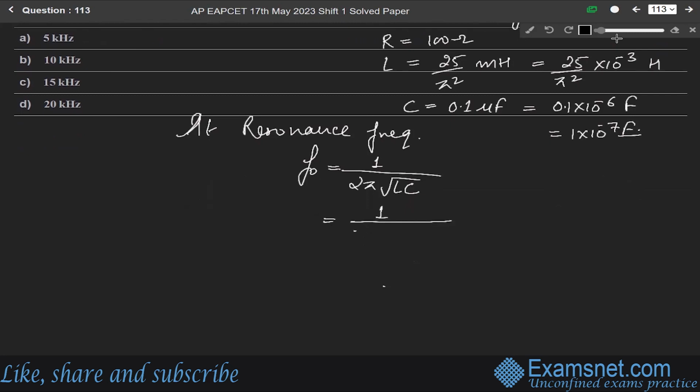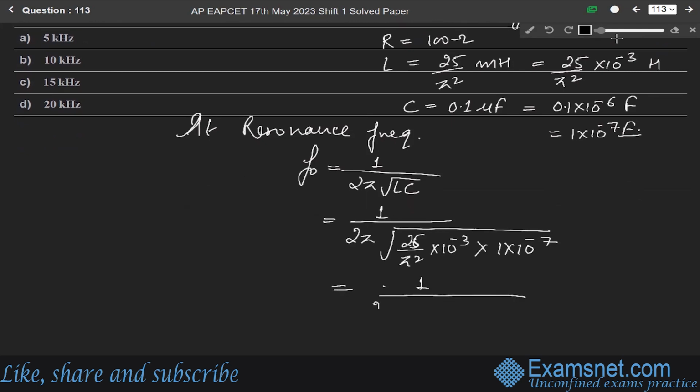It is equal to 1 over 2 pi under root L, where L is given as 25 over pi square into 10 to the power minus 3, and capacitance C is 1 into 10 to the power minus 7 farad. Solving it, we get 1 over 2 pi into 5 over pi into 10 to the power minus 5. So it will be equal to 10 to the power 4 hertz, meaning the resonance frequency f naught will be equal to 10 kilohertz. Okay.